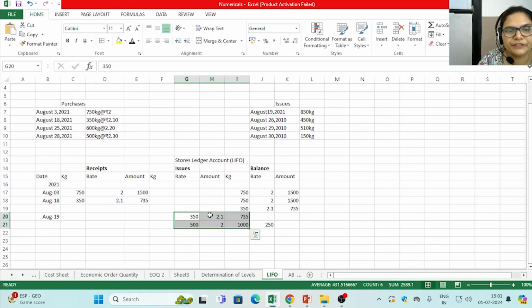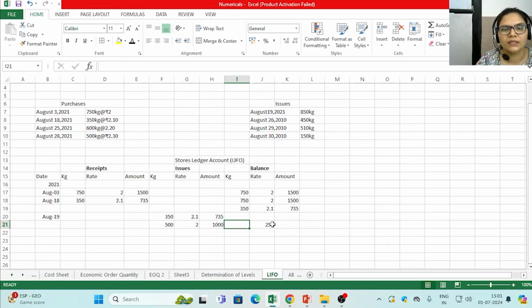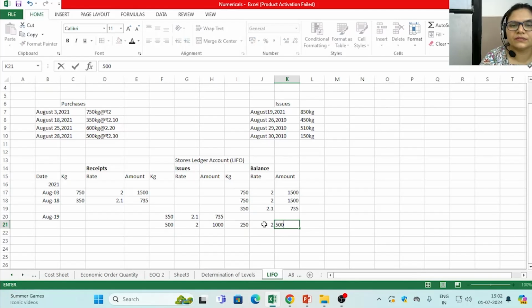We need to shift this amount to this column, okay, no problem. And this amount will be shifted to this column, at the rate of rupees 2, which makes up 500.